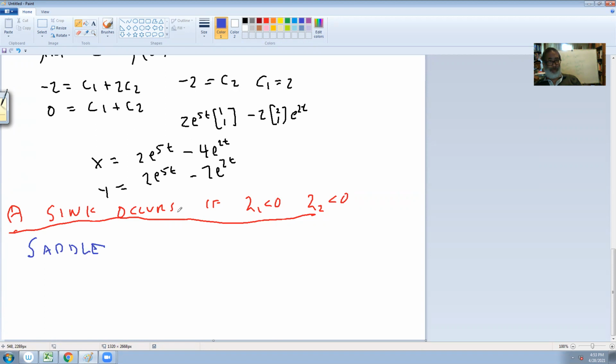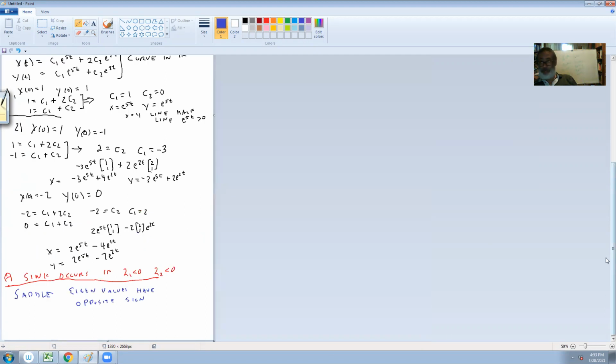This is a case where the eigenvalues have opposite sign. And I have one of these also done for you.